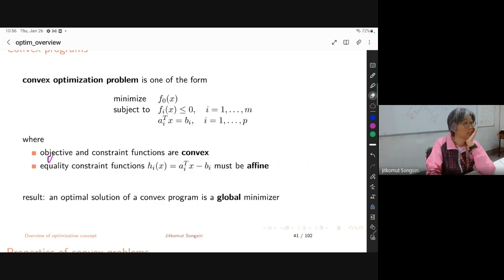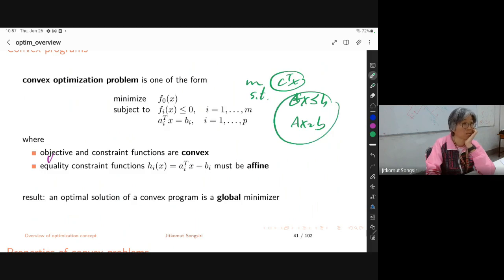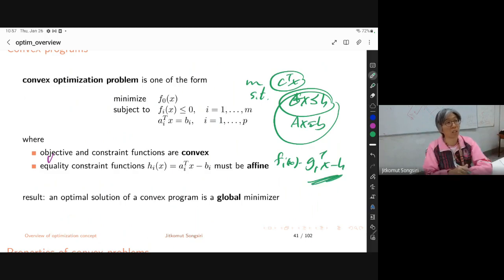LP. Is LP a convex optimization? Yes, because the objective is linear, right? Gx less than or equal to h is just a bunch of affine functions. So you say my fi is gi transpose x minus hi. This is affine, and then we know it's convex.